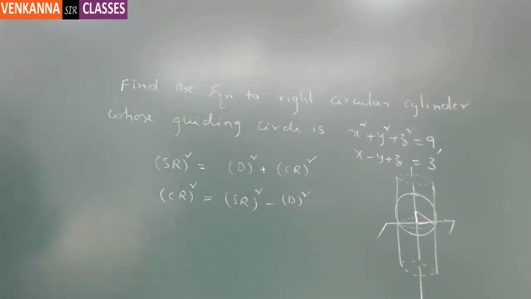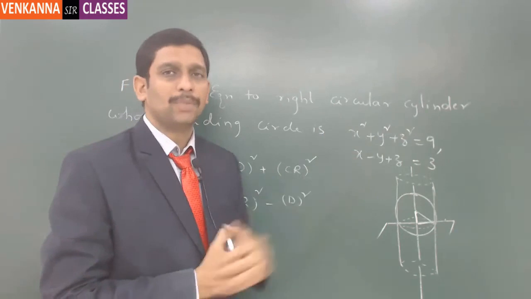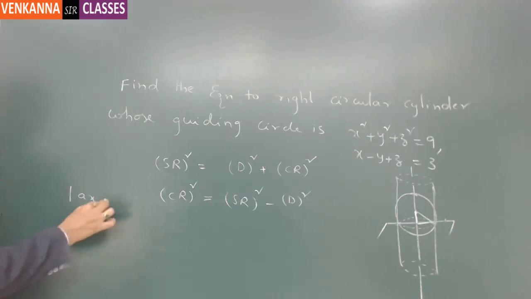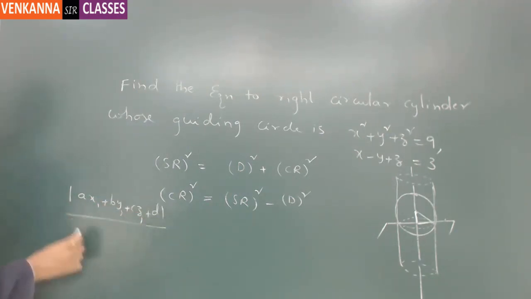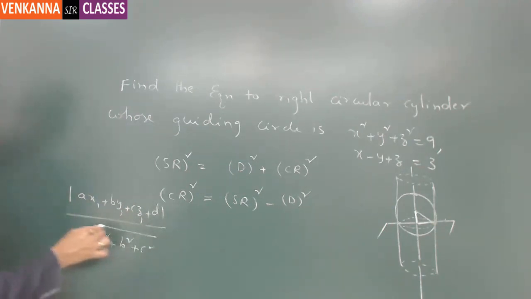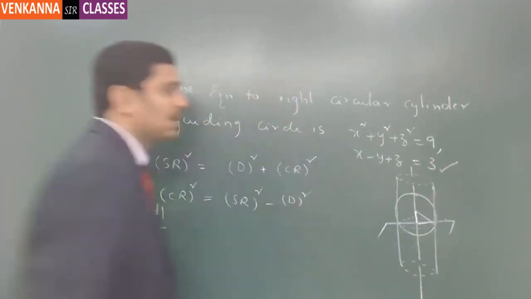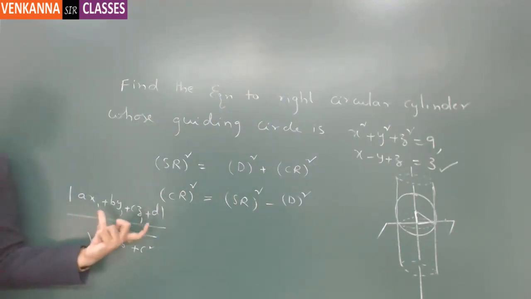And how do we calculate the distance there? We calculate the distance from the center of the sphere to the plane. So if you apply the distance formula, here A, B, C, D values are taken from the plane. X1, Y1, Z1 is nothing but the center of the sphere. Can you compute this value?